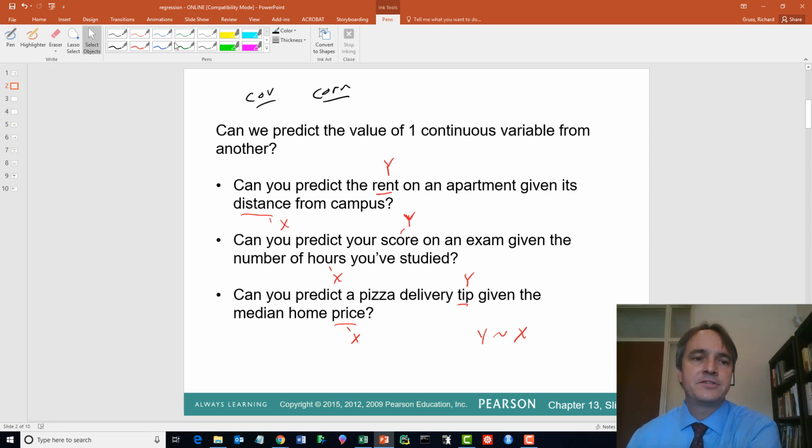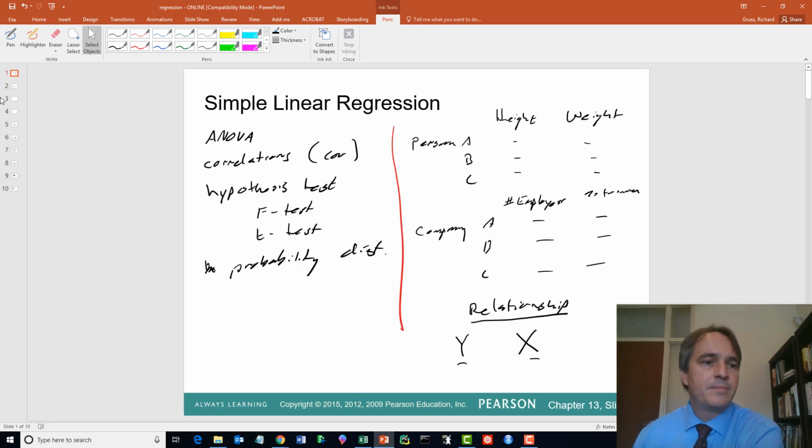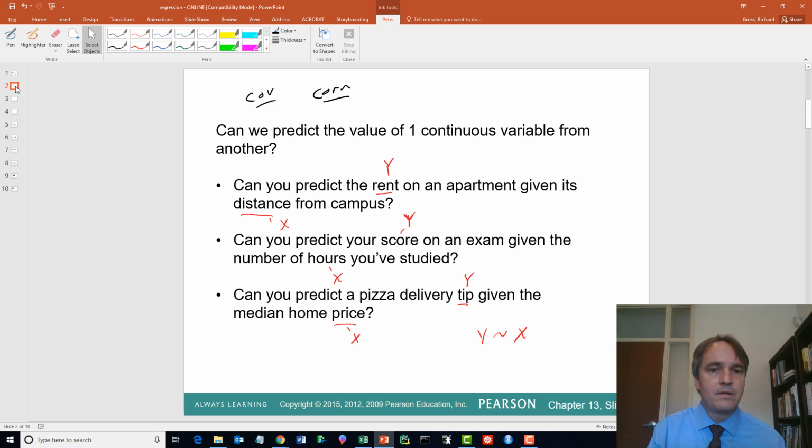But there are limitations to what covariance and correlation will tell you. For example, I'm going to write this just so that you'll know that this is a correlation. Let's say you do have a correlation coefficient of 0.72 between, let's say, pizza delivery tip and price.